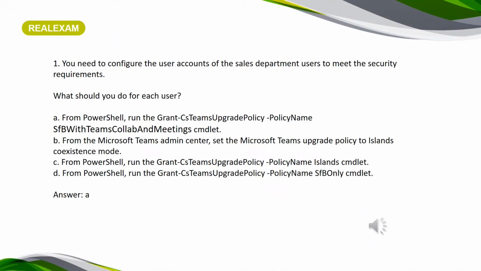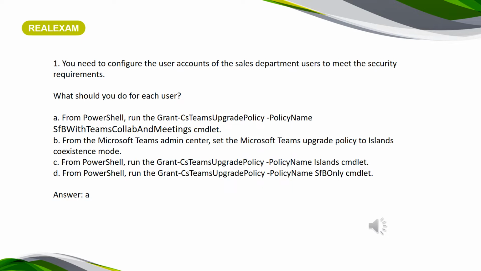1. You need to configure the user accounts of the sales department users to meet the security requirements. What should you do for each user? A. From PowerShell, run the Grant-CsTeamsUpgradePolicy PolicyName SfBWithTeamsCollab and meetings cmdlet.